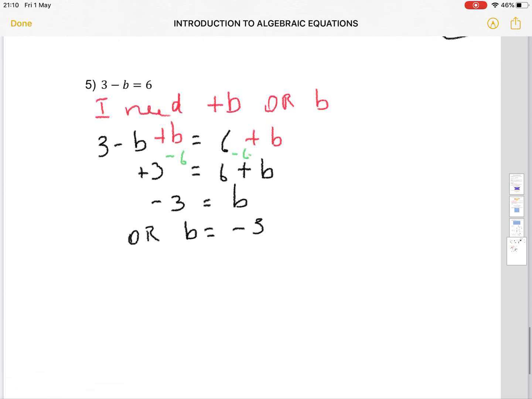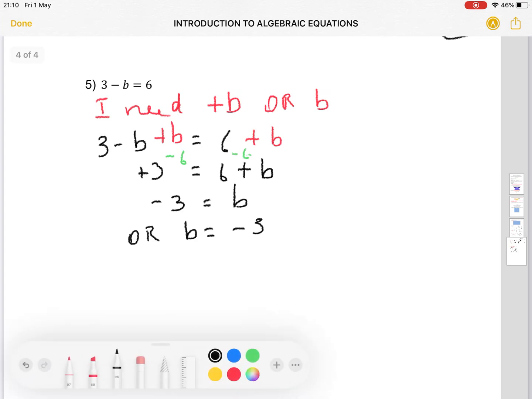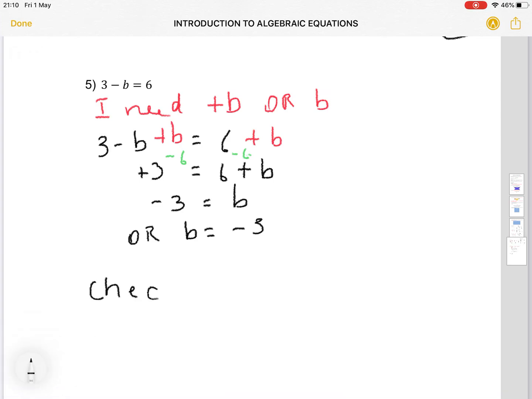Now let's check. To check, I substitute b with negative 3 in the equation. Now we have this 3 minus, the b is negative, so I open a bracket, negative 3, on the right hand side, I have a 6.